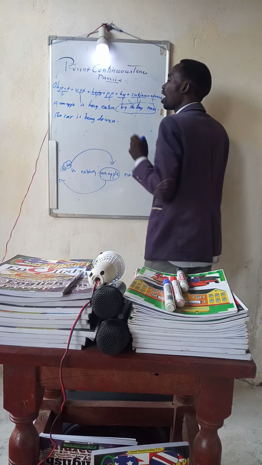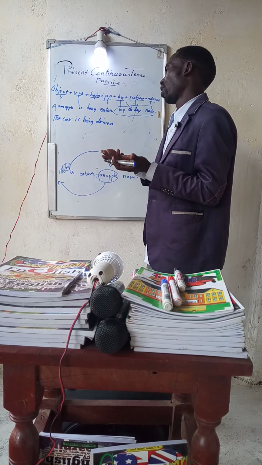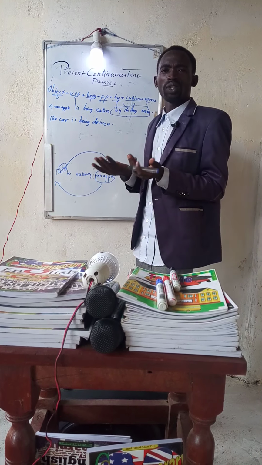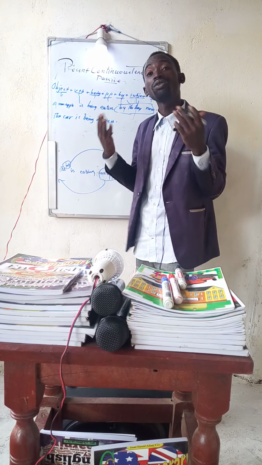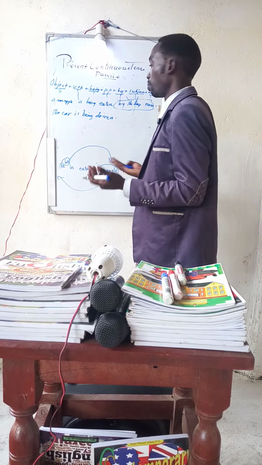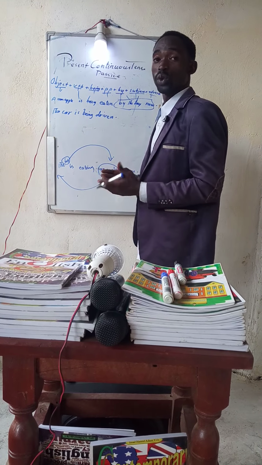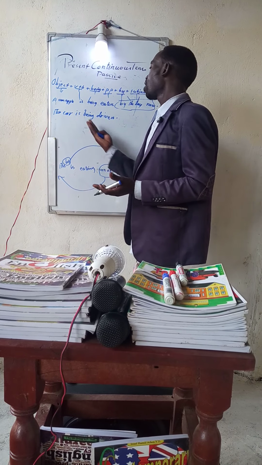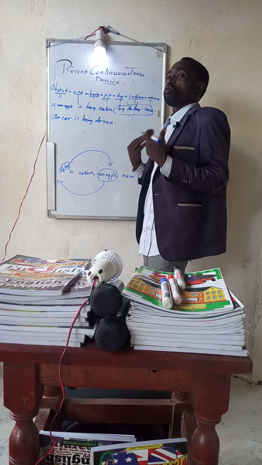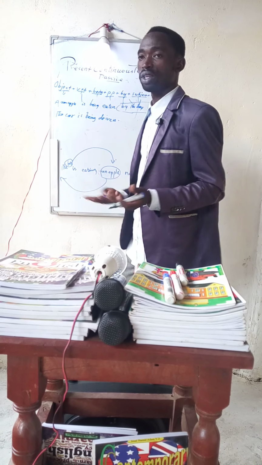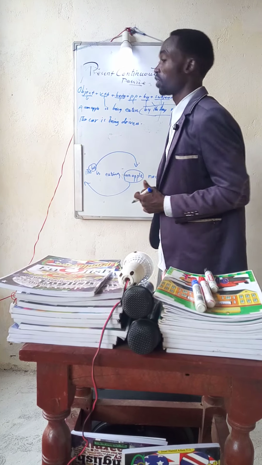You keep silent. People say, who's driving the car? I don't know, but the car is just being driven. If you want to complete the sentence, you can say the car is being driven by me, or by him, by you, by the driver. So you have the freedom.